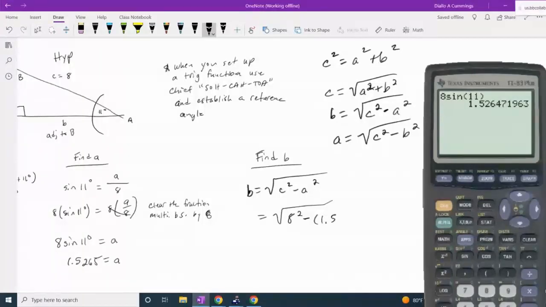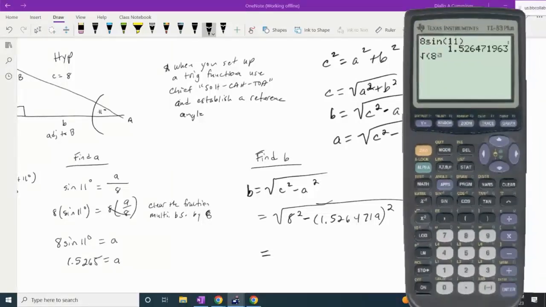So that's 1.5264719 or something like that. So this is the square root of 8 squared minus.